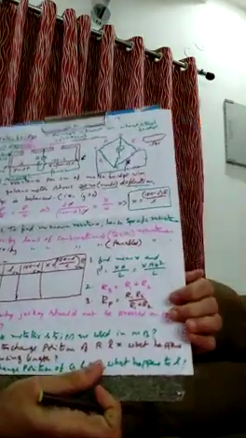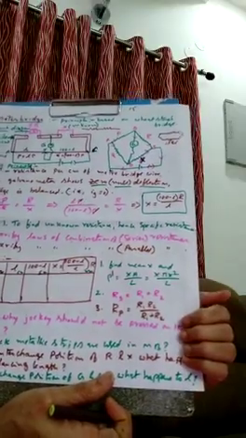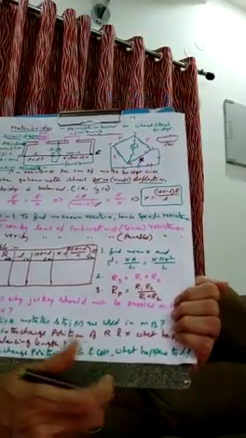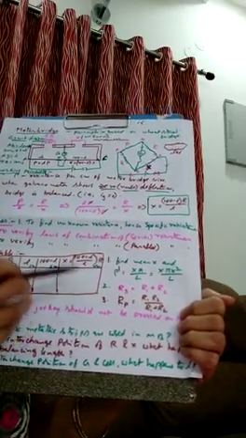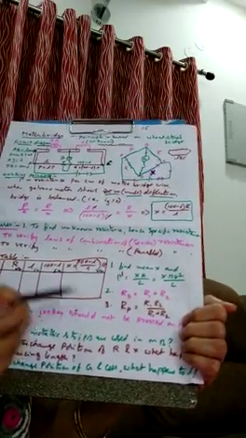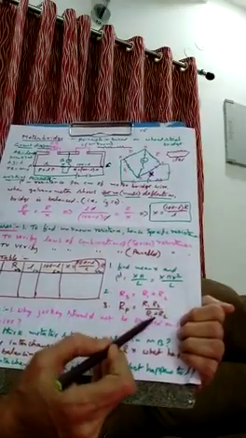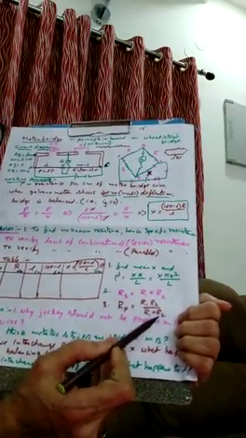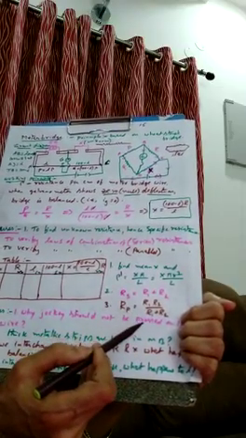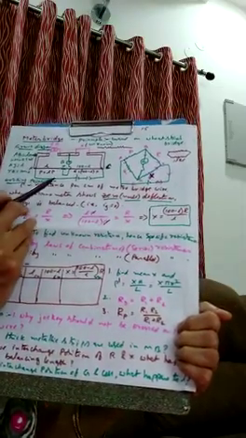How can you find it? Rp is equal to R1 R2 upon R1 plus R2. Then take the experimental value, all 3 readings, then take the mean, and that value must be equal to the value calculated with the help of the formula. Hence the parallel combination of resistances is also verified using the meter bridge.